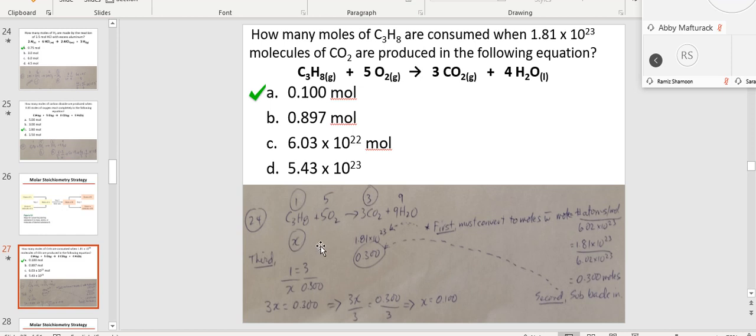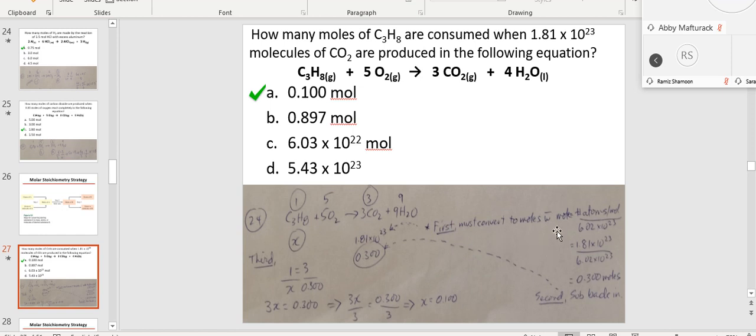But this time, you can't do a box yet because that's in moles, that's in moles, that's in moles, and that is in molecules. So you can't do anything with that. You need to convert this to number of moles. How do you do that? Use one of your triangle formulas, and you know which one to use.